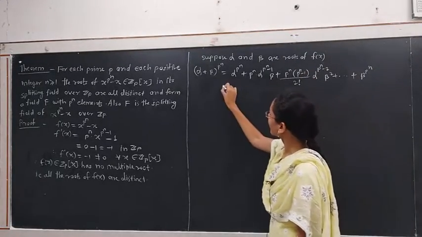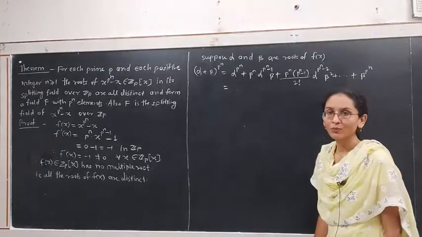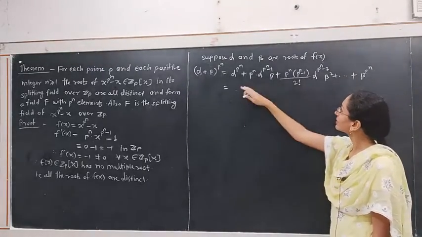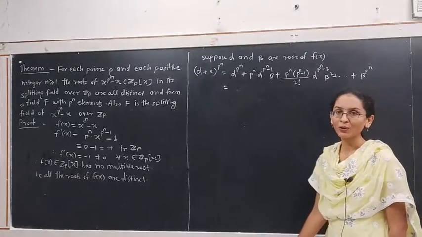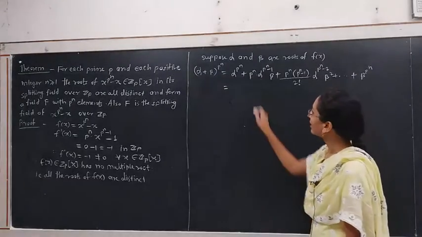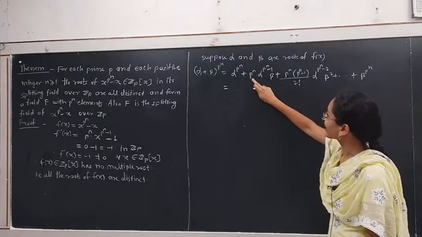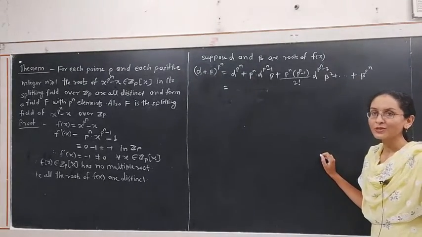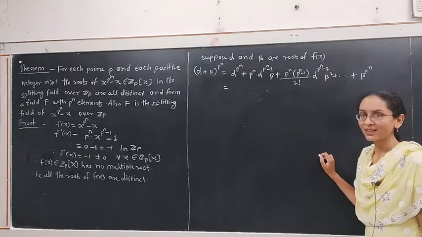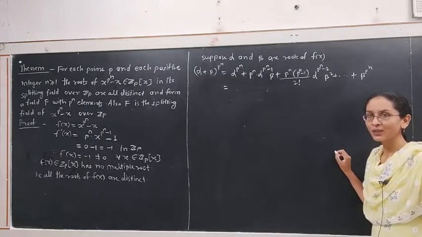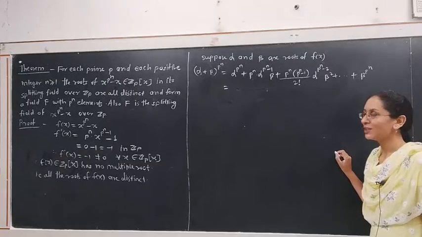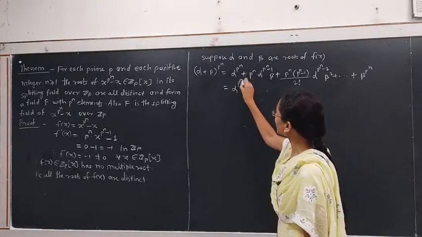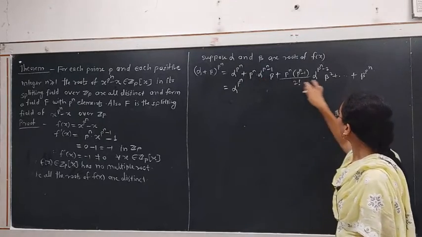If we take this equation in Zp, that is, if we find the value of this equation modulo p, then what do we get? The terms that contain p and its powers are all congruent to 0 modulo p. Hence this is equal to alpha^(p^n).